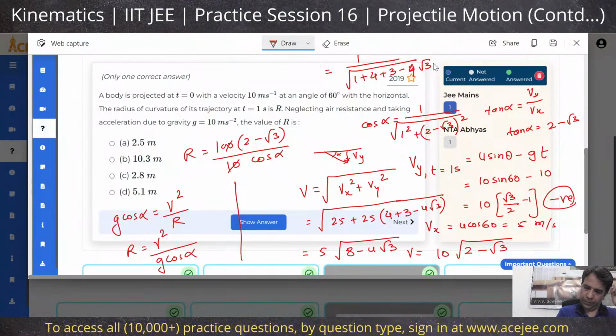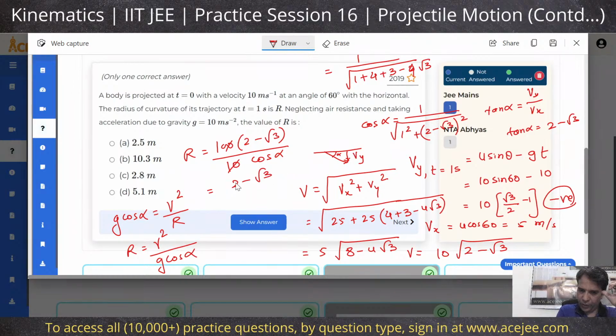Alpha is equal to 15, okay? So cos alpha will be root 3 plus 1 upon 2 root 2.